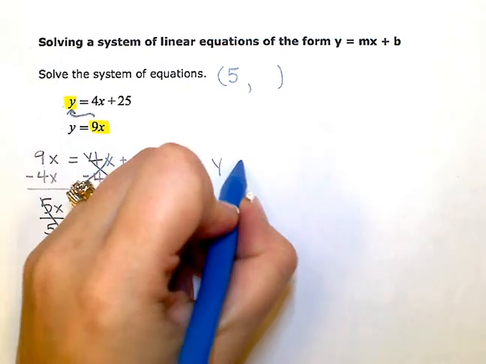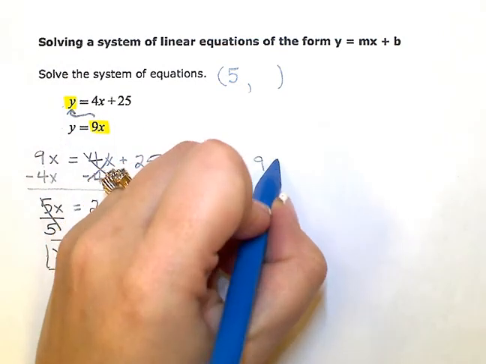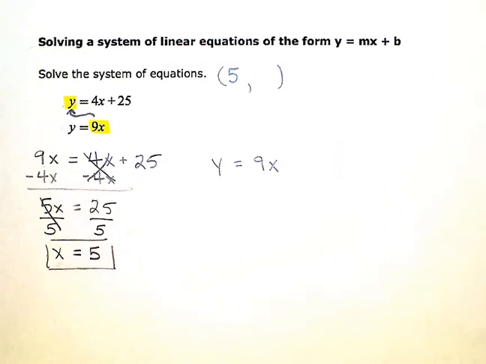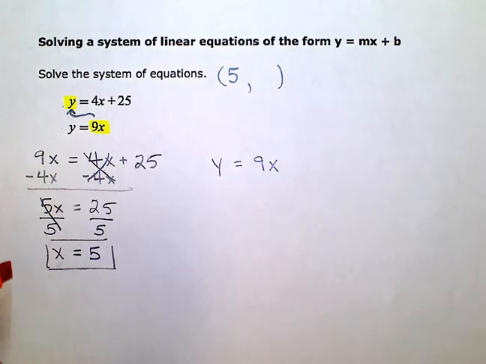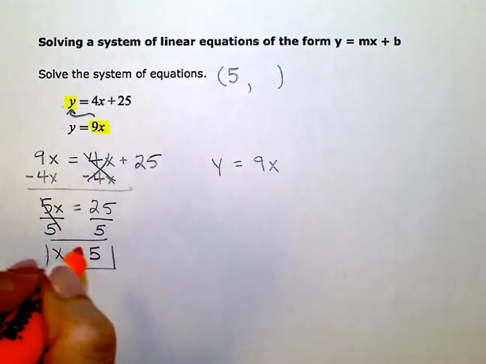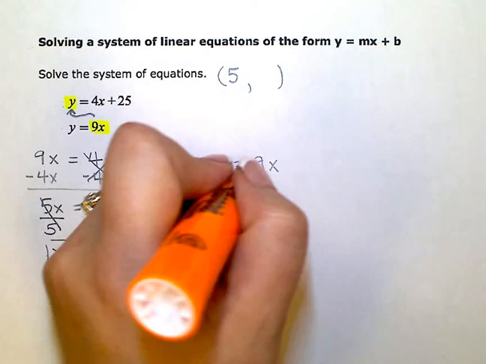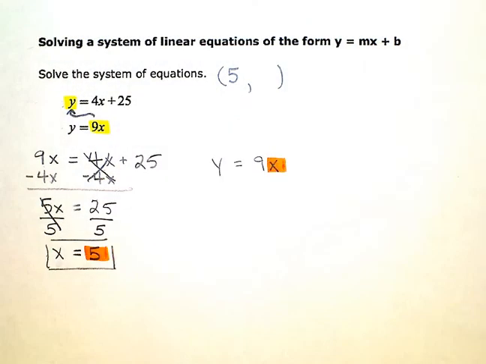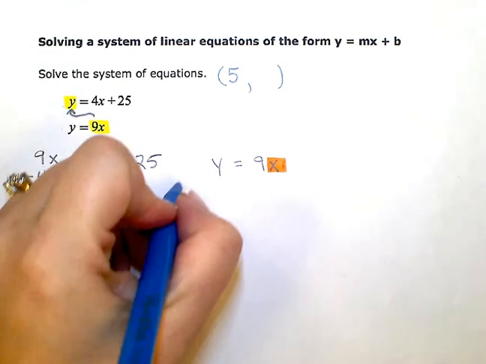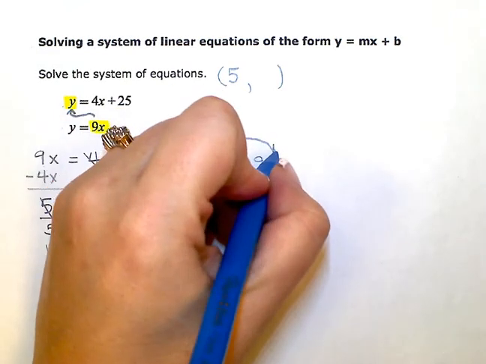So y equals 9x. And now I'm going to make my second substitution. Now that I have an x value, I'm going to take that 5 and substitute it in over there to figure out what y is.